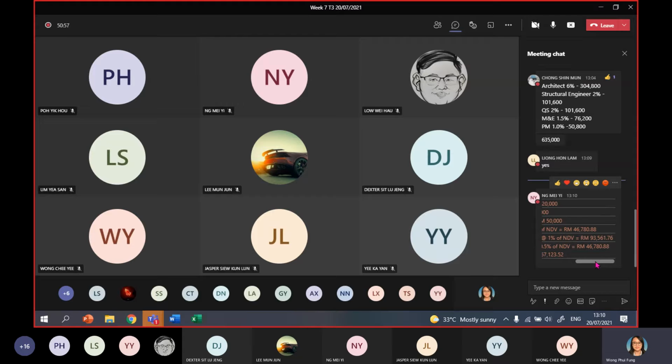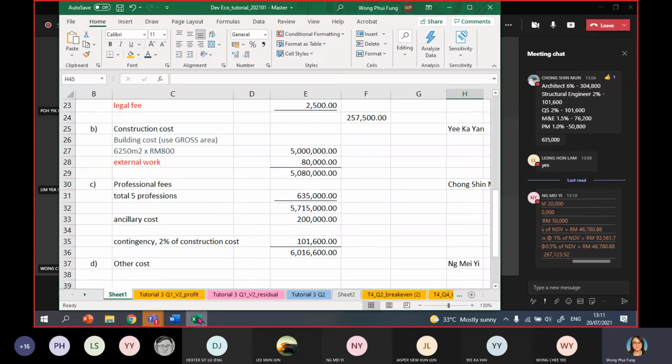This one, and this one, and this one. The figures are not the same as my answer. Can Mei Yi double check? The first three are correct. Okay. The legal fee, arrangement fee, developer sales fee, those three figures are a bit different. Double check.